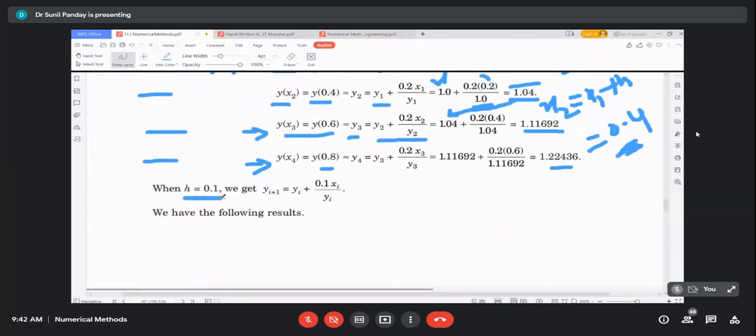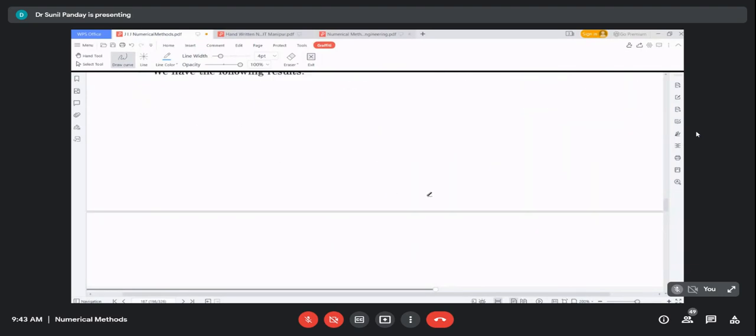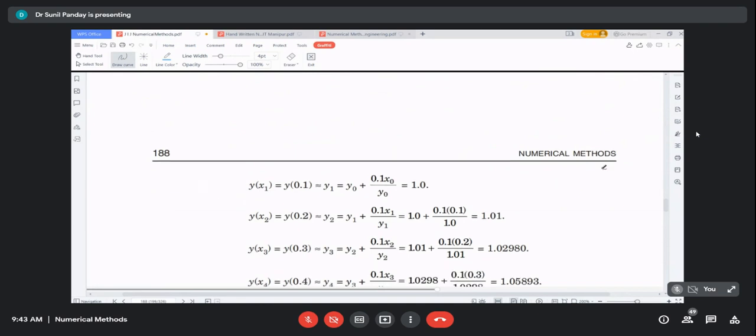So if I take h equal to 0.1, then y i plus 1 equals y i plus h f of x i comma y i. f of x i comma y i is x i upon y i for this particular problem, and h is 0.1. So now what is x1?